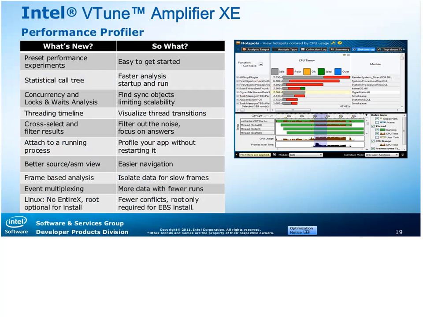The threading timeline is really nice. You see that here on this slide, where it has the threads and which ones are using the time. It's got a nicer source view and some other new features that make it much easier to use than earlier versions of Intel vTune.